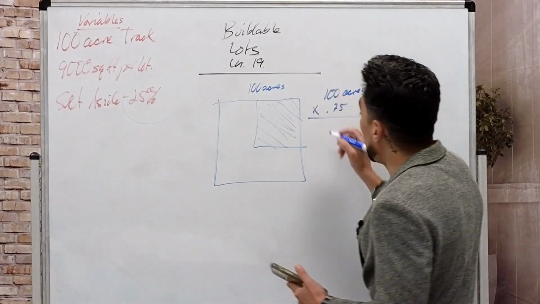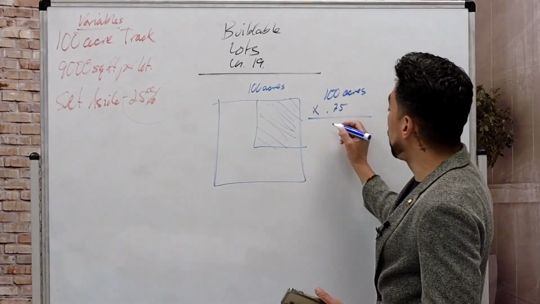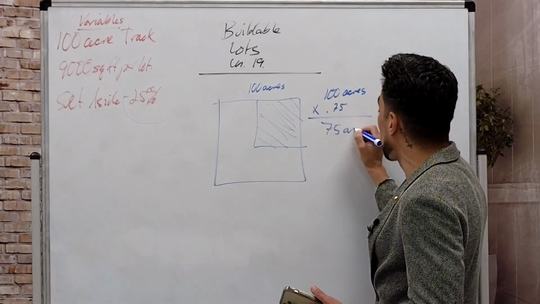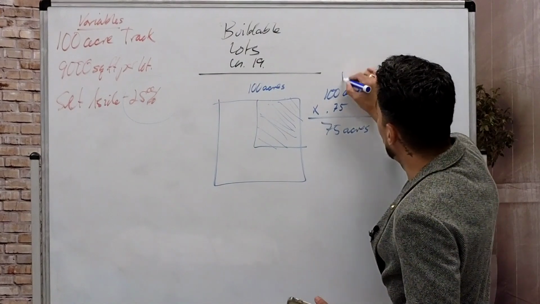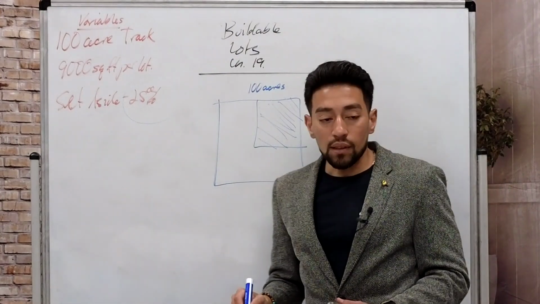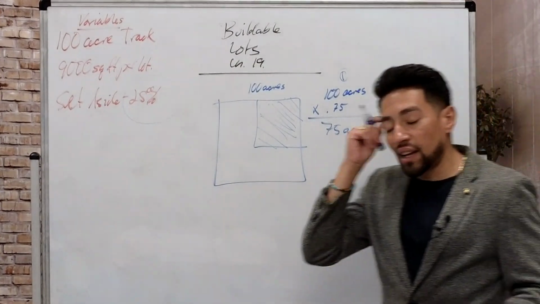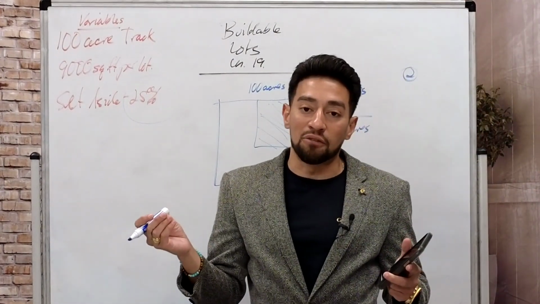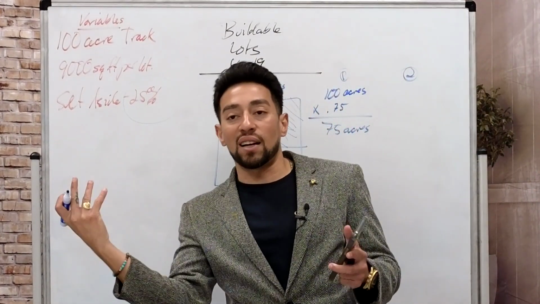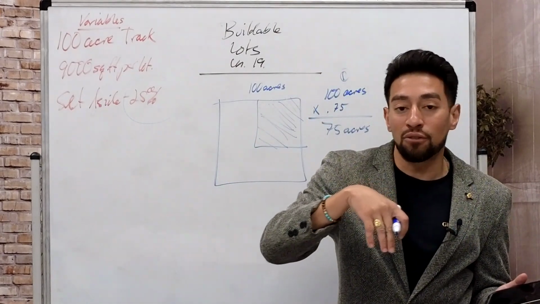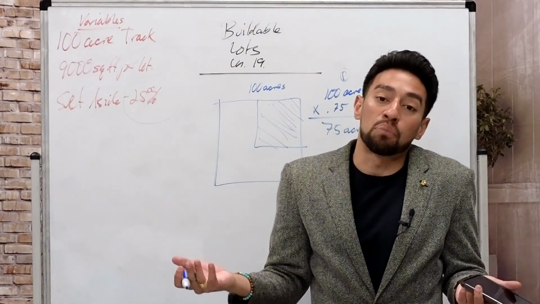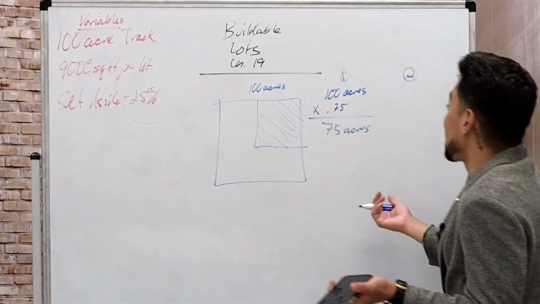Okay? So now 100 times 0.75 obviously is going to give us 75 acres. That's the first way of doing it. Now, a lot of the times what you could do is, if let's say you can't grasp the idea of, okay, 25 to set aside, so I got to multiply by 75, there's the other two-step process that you could also do if it's easier for you.